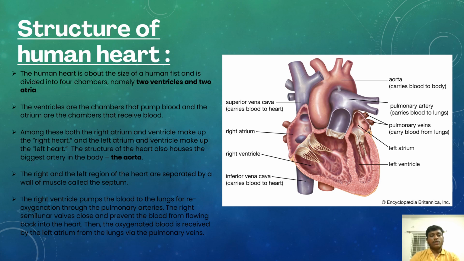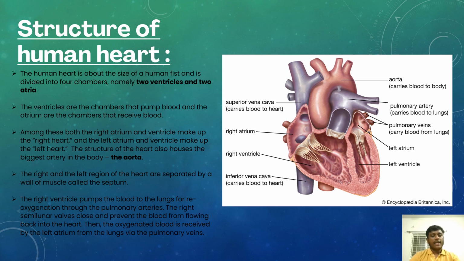Among these, the right atrium and right ventricle make up the right heart, and the left atrium and left ventricle make up the left heart. The structure of the heart also houses the biggest artery in the body, the aorta. The right and the left regions of the heart are separated by a wall of muscle called the septum.